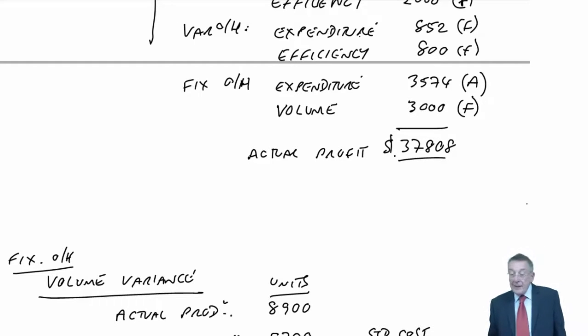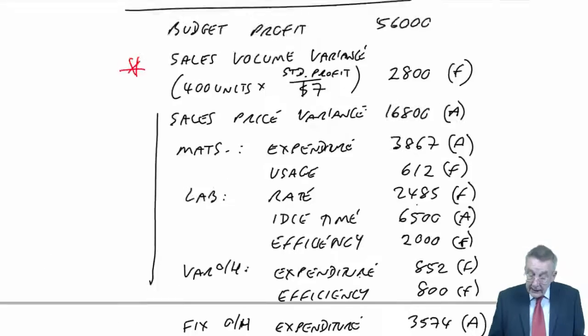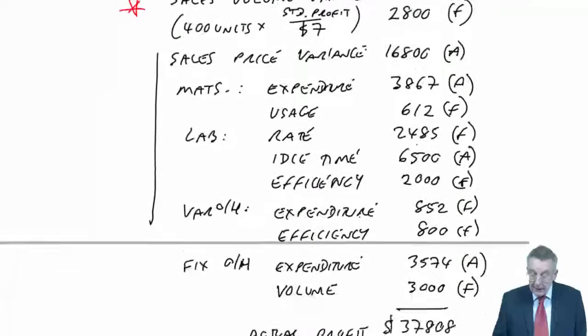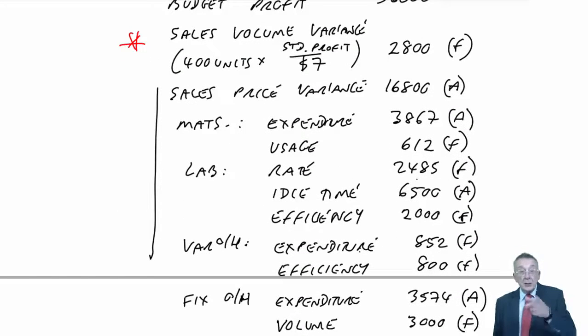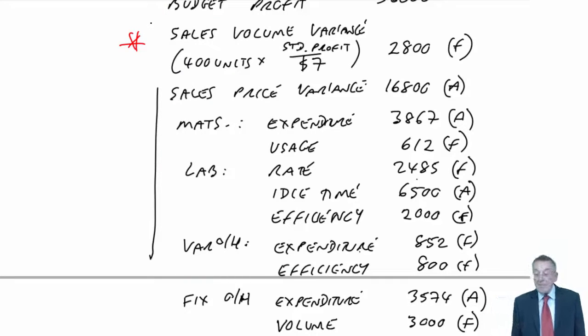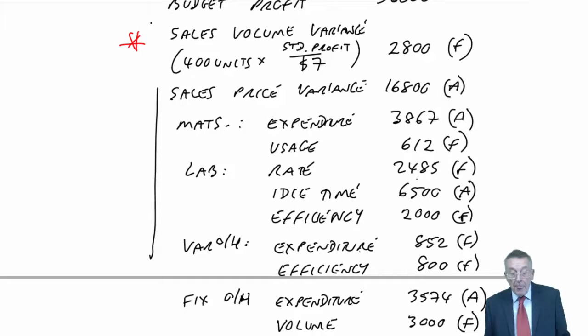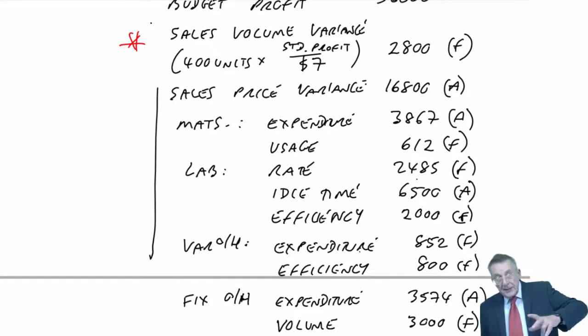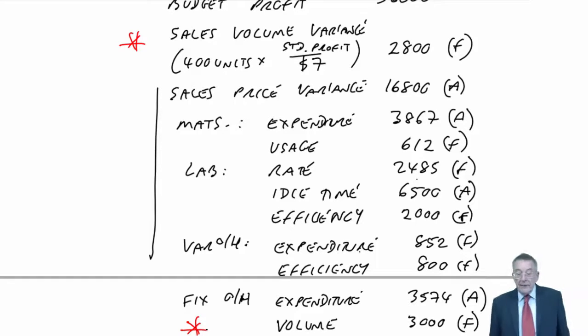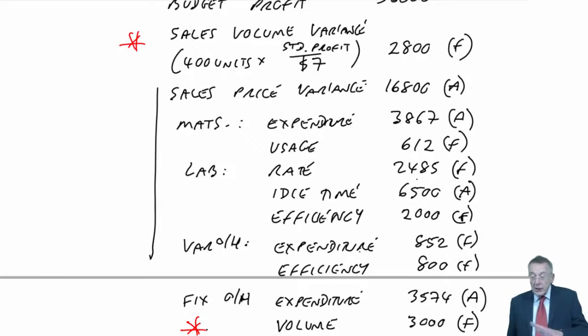I am sorry about that. But 37,808, and that it does sort of check, yes, there is the profit we'd worked out. So it is correct. So it's those two things. You know, I said earlier, you will not be doing a profit statement. I've done it to hopefully explain. But the only two differences in marginal and absorption variances are the sales volume and the fixed overhead volume variance. Now with marginal, that variance doesn't exist. With absorption, it does exist.